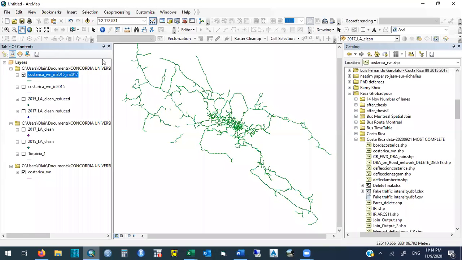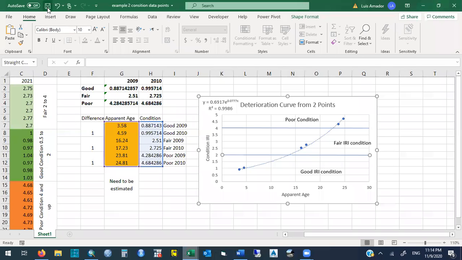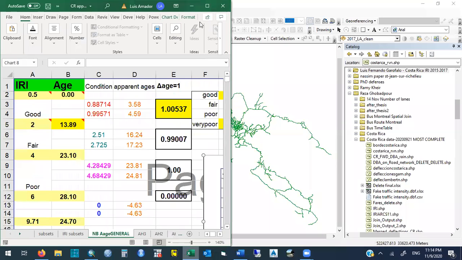So I'm going to take this and open it in Excel. Let me just save this one. We're not going to use this anymore. So we're going to open this file in Excel. I'm going to keep this one open.